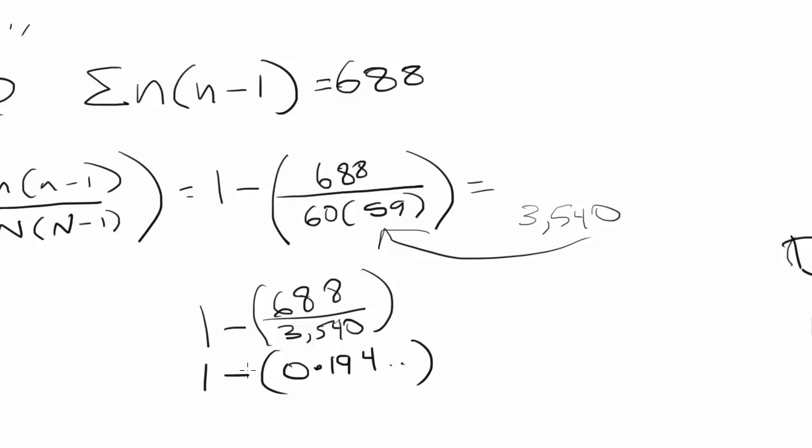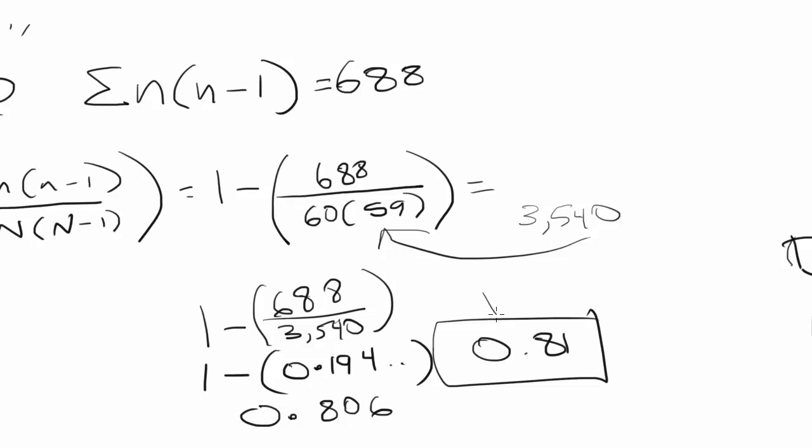So I'm going to take 1 minus 0.194. Having difficulty, 1 minus 0.194, and I end up with a diversity of 0.806, or you could say 0.81 is my diversity for bat star.